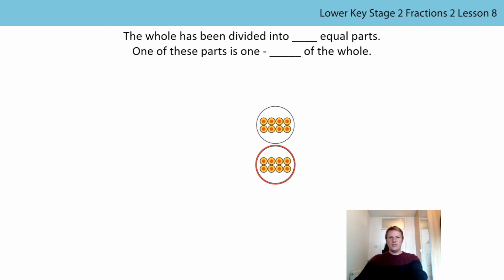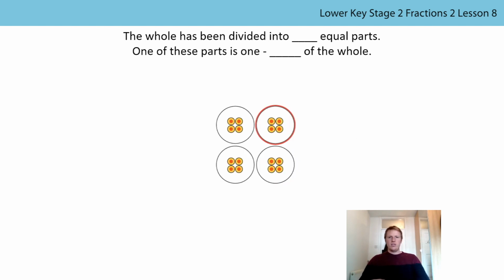Now let's say our sentence stem together. The whole has been divided into 2 equal parts. One of these parts is 1/2 of the whole. We write that like this. 1 is our numerator. Our denominator is 2. It's 2 because, like we said, there are 2 equal parts.